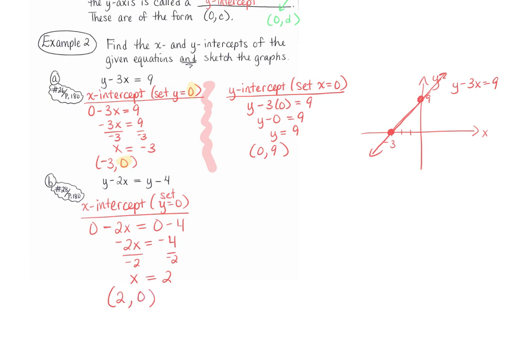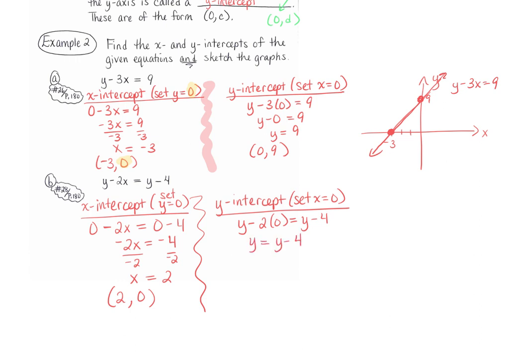Okay, great. So now let's find our y-intercept. And how do we do that? We set x equal to 0 and we solve. Whenever we do, we get y minus 2 times 0 equals y minus 4. Well, this gives y equals y minus 4. Subtract y from both sides, we have y minus y equals negative 4. But that means 0 equals negative 4. That's not a true statement.